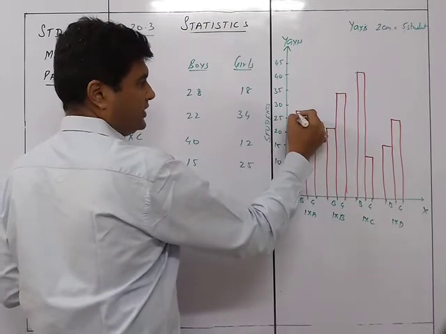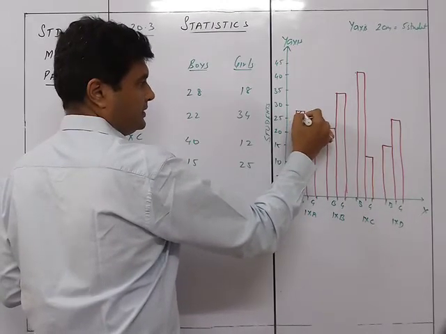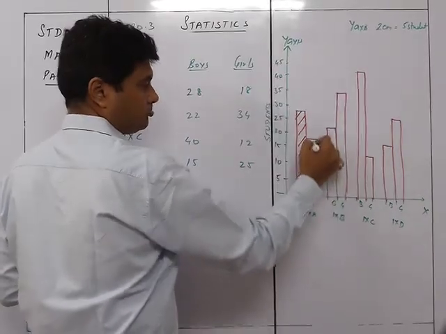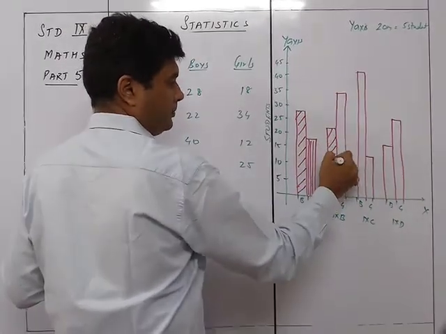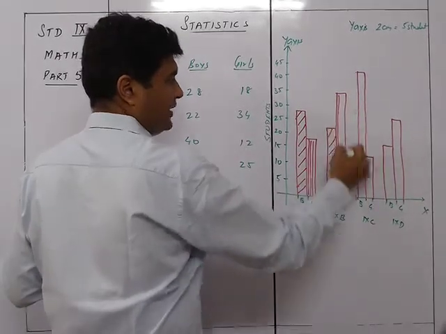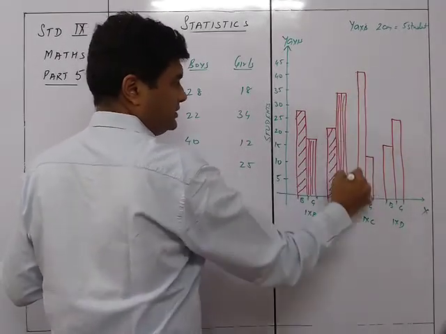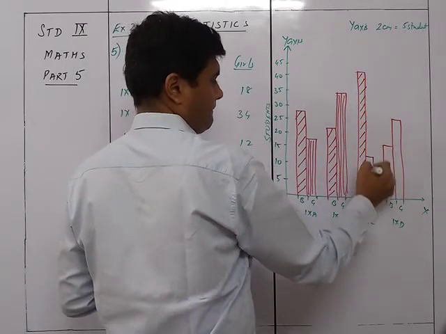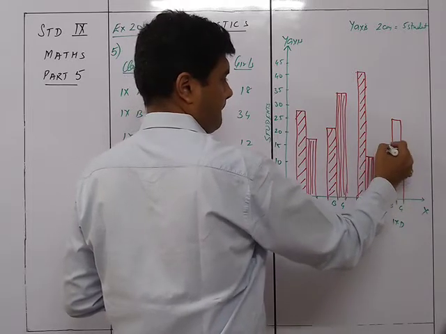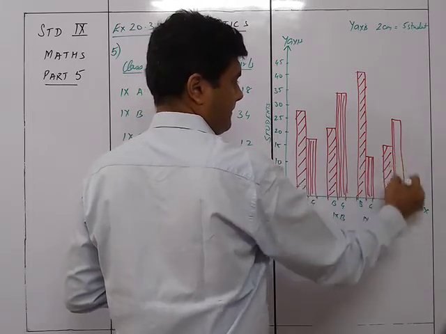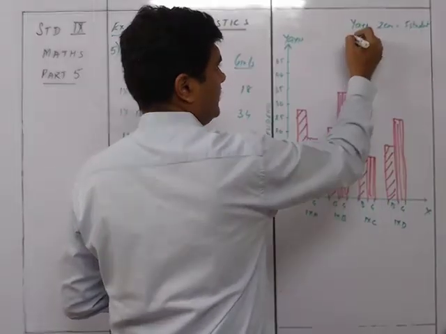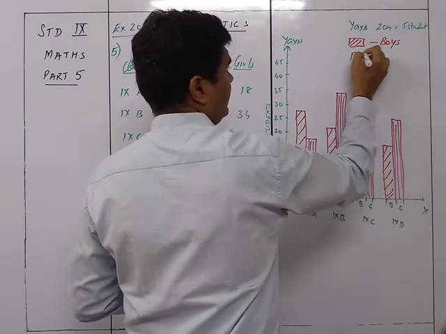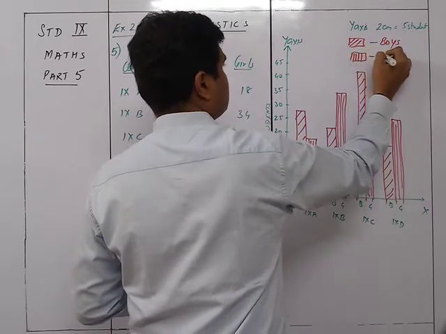You can shade it in different forms. So one, you can shade it like this. Other, you can shade it like this. So to identify which are boys and which are girls, you can write over here, shaded like this are boys and shaded like this are girls.